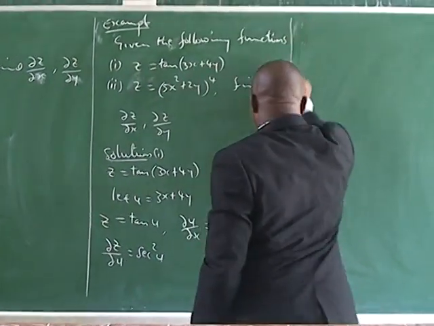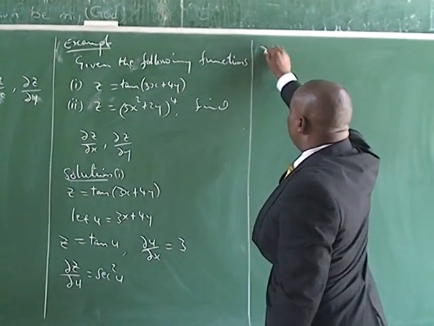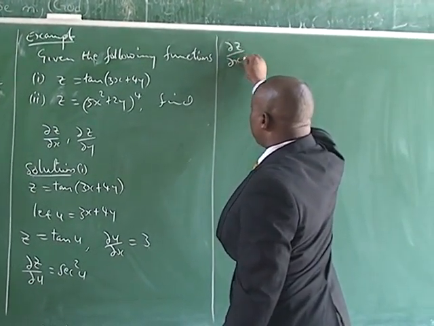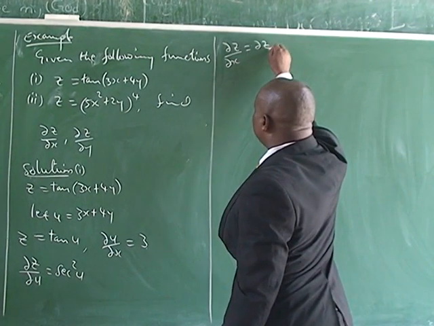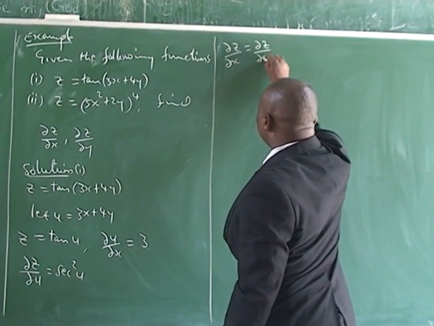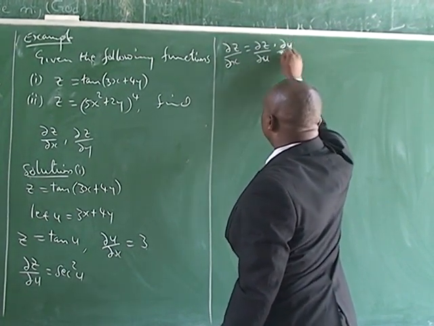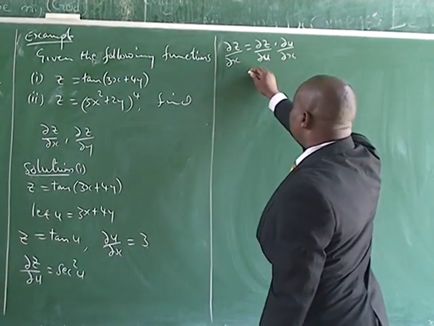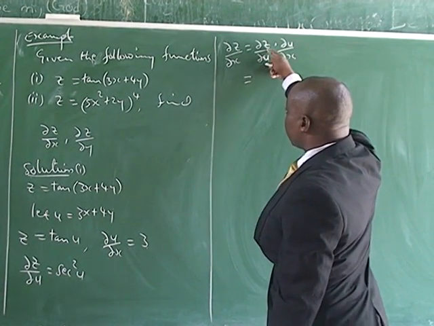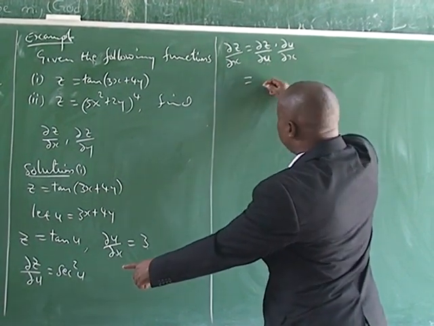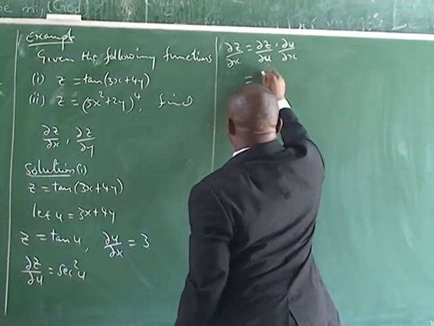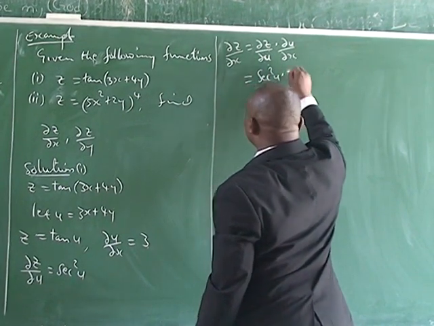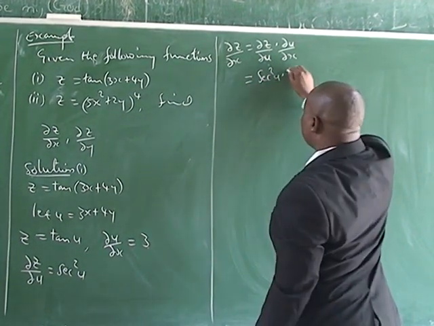Then we look at partial z partial x, which will be equal to partial z partial u times partial u partial x, and this is sec squared u times partial u partial x, which is 3.